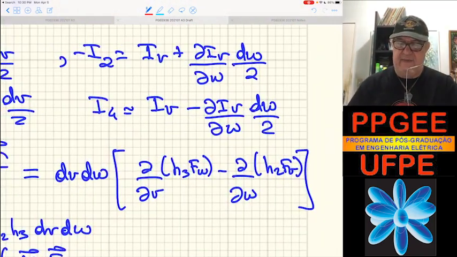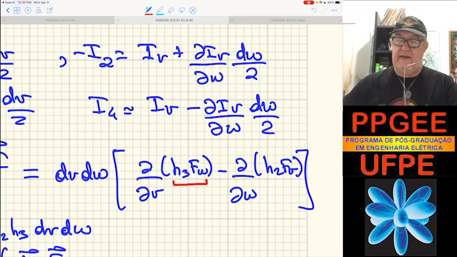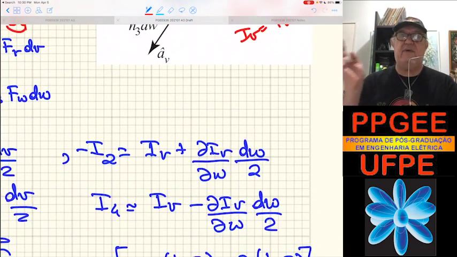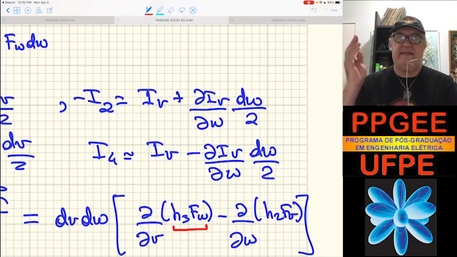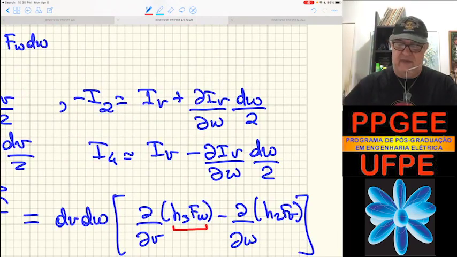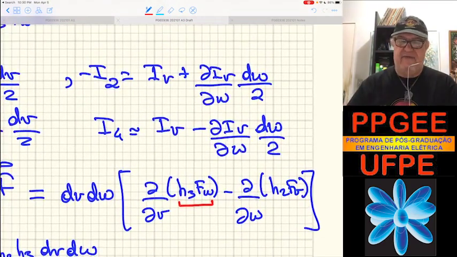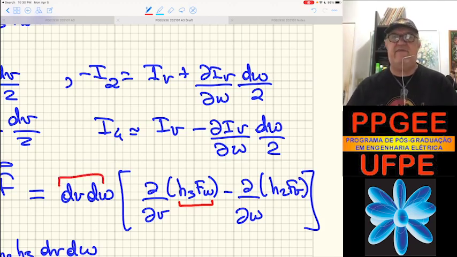So this dIW/dV, but remember, the W goes out of the derivative because W is independent of V. So we have a factor that remains outside, dV dW.